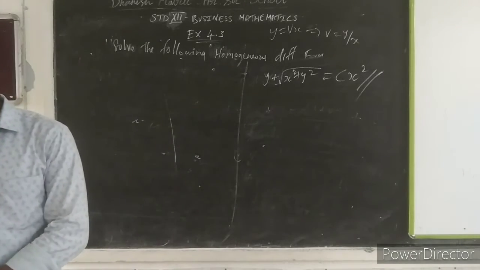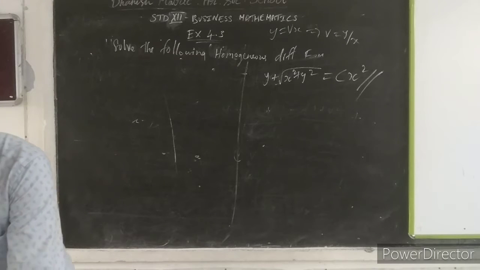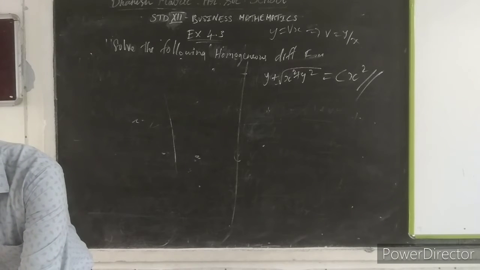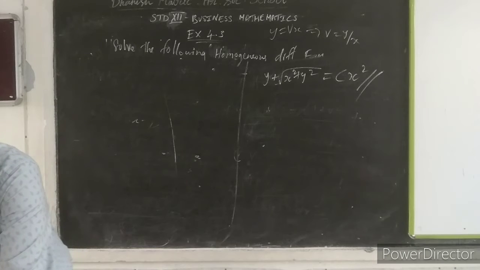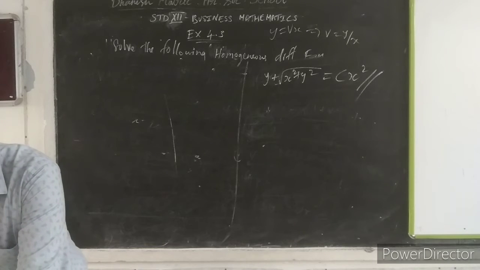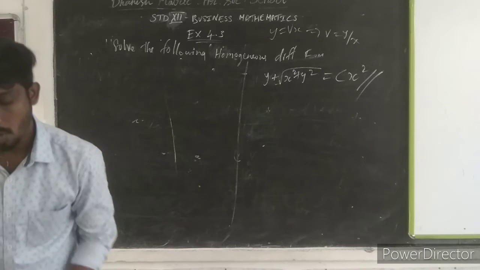The slope of the tangent to a curve at any point (x, y) on it is given by minus (5y cube minus 4yx square).